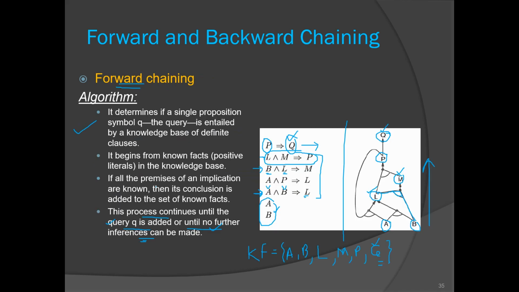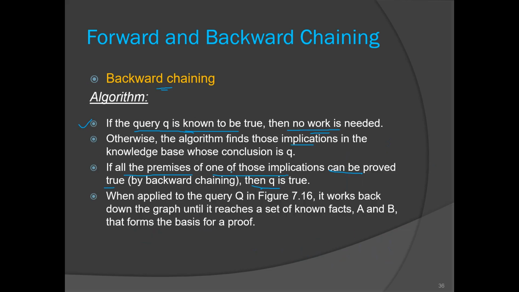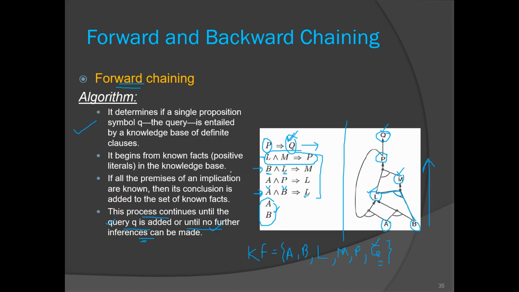So we are going in the backward direction. We are starting with the thing which we want to conclude, and we go backward. In that implication the premise is P. Now find the implication whose conclusion is P. So which is this one.